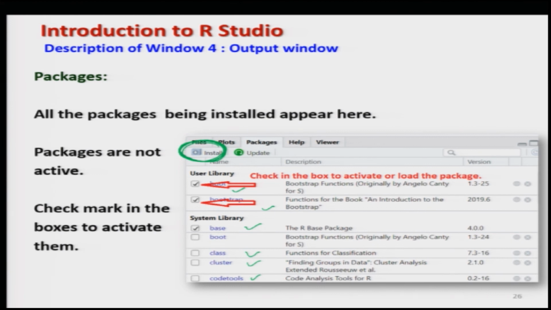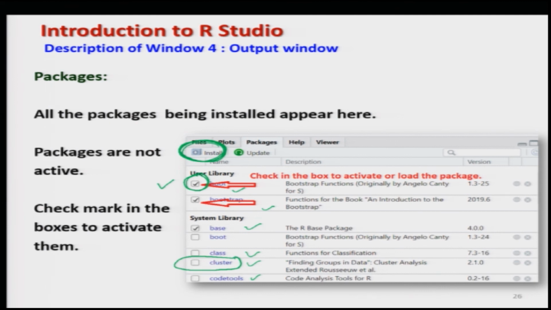Suppose I want to use a library, say boot or bootstrap. I simply have to go to this icon and make a tick mark. For example, cluster is available on my computer.